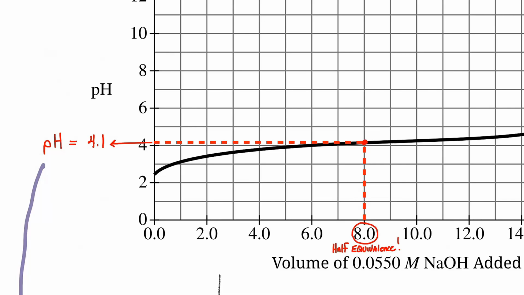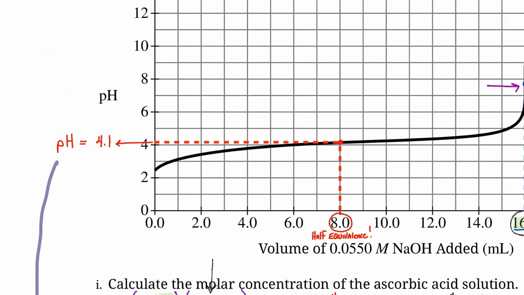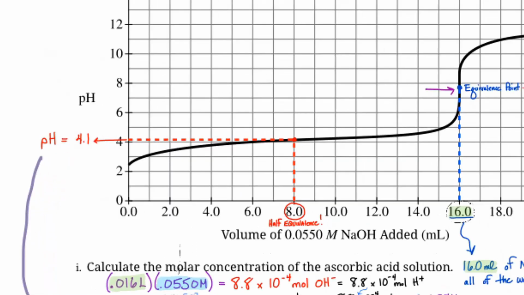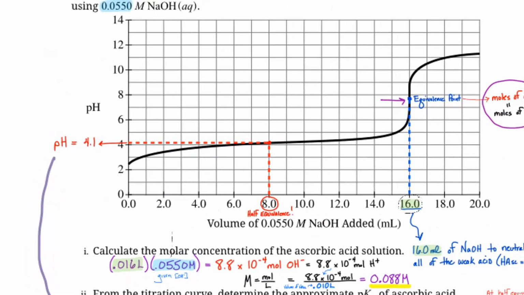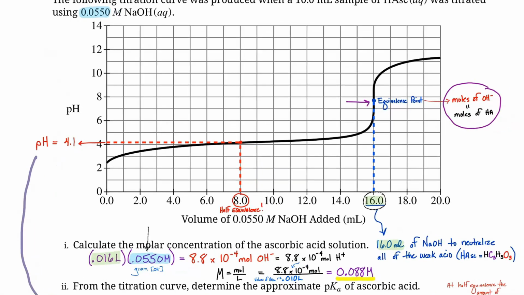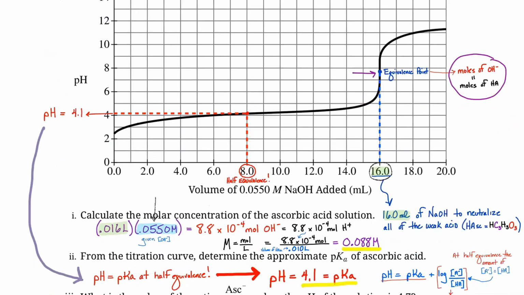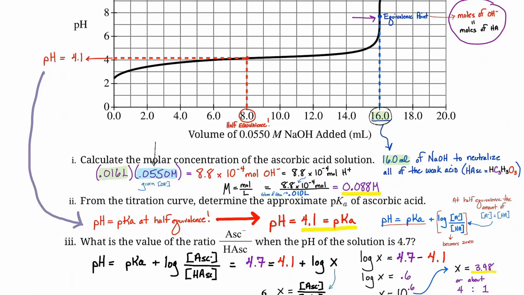So I get a pH of 4.1, which is equal to the pKa. All right, so that's what that's all about. Okay, so in any case, let's get back on this horse. And so the pKa is 4.1. It couldn't be any easier. These first two questions, if you're not getting them because you haven't used the graphs in your class, you need more practice, okay? But in any case, moving forward, those are straightforward.